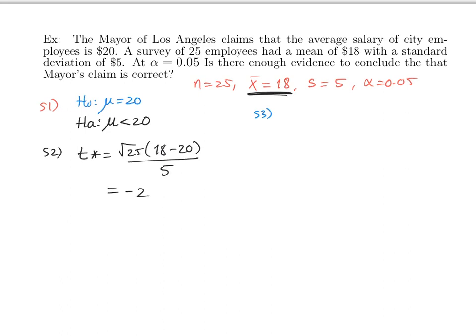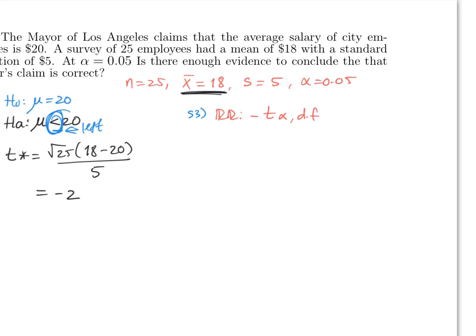Because the alternative is less, right? So since this is less, then that's telling you that you have to use a left tail. Okay. All right, so then the rejection region is gonna be minus t of alpha with whatever degrees of freedom we have. So in our case, this is negative t of 0.05.